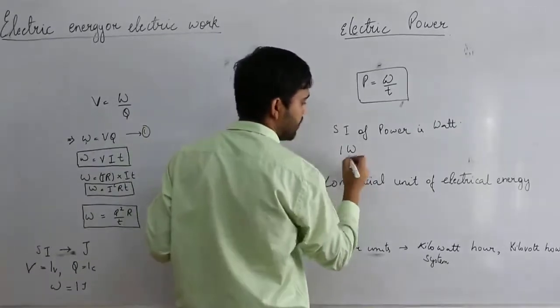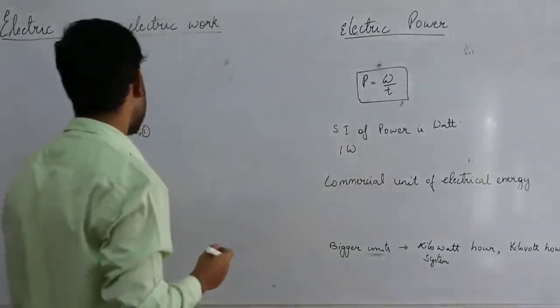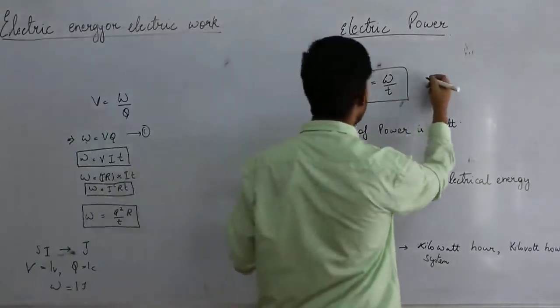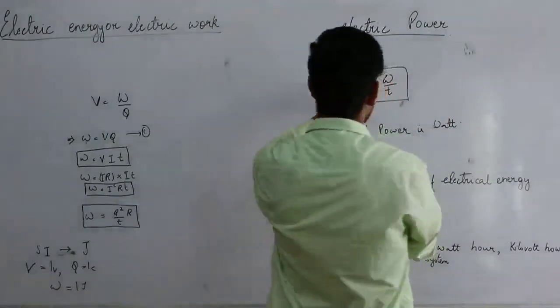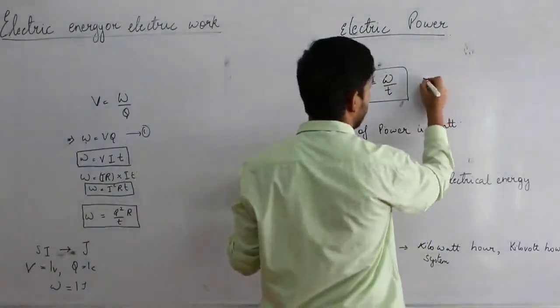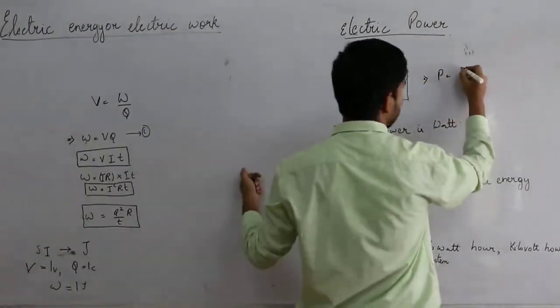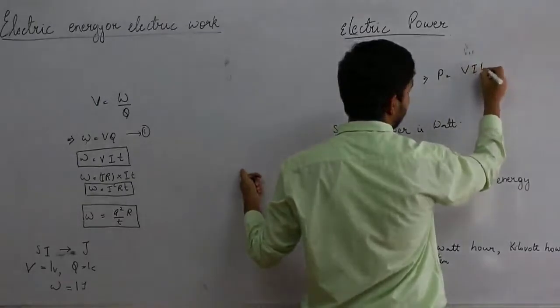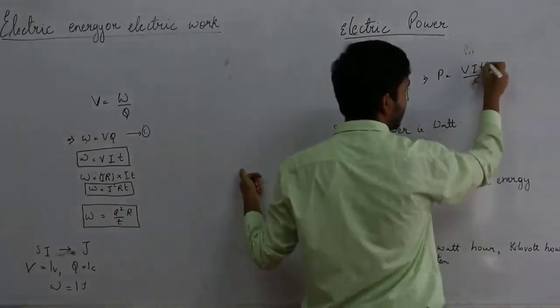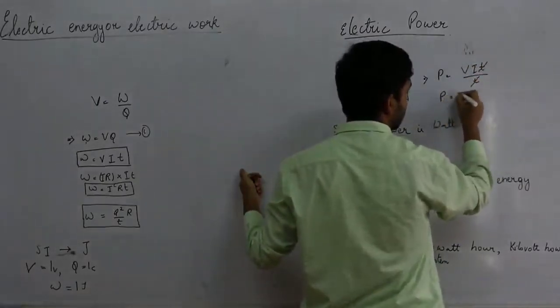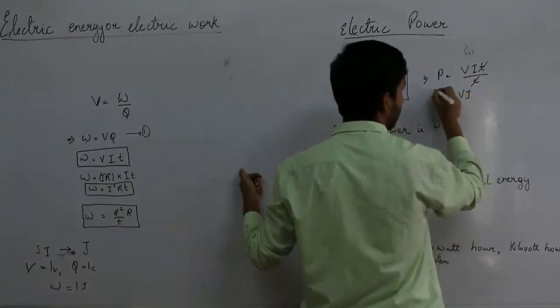Definition of 1 watt. Okay, before doing this, let me replace the value of W by the first formula in here. So I have P is equal to, instead of W I am putting VIT by T. So T and T get cancelled. Basically I have P is equal to VI. So this is one of the formulas.